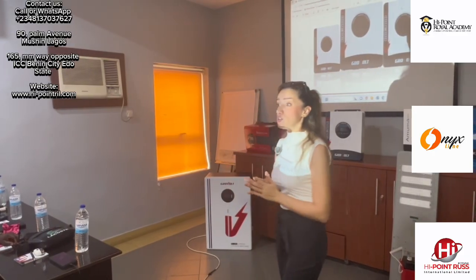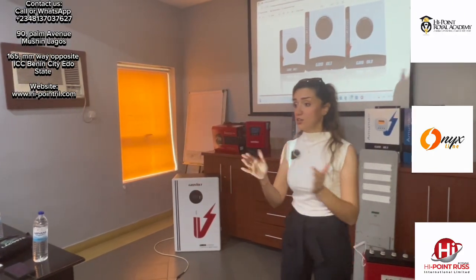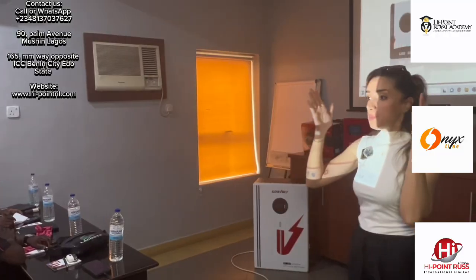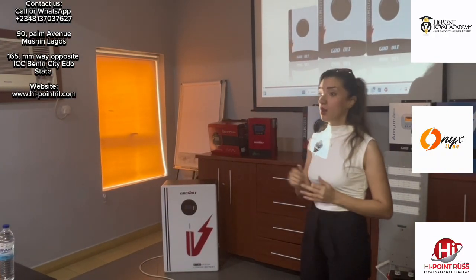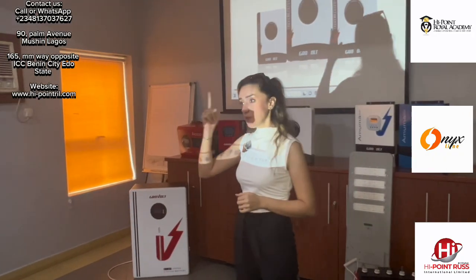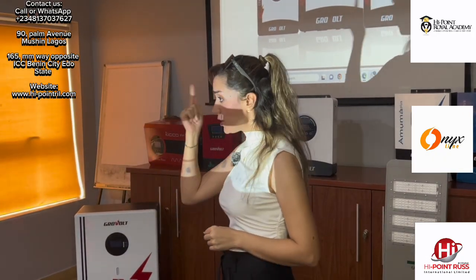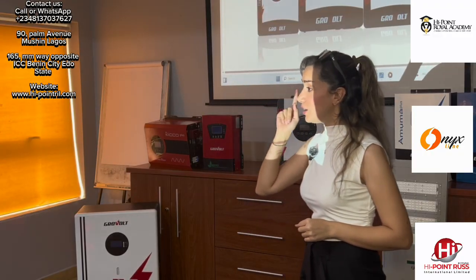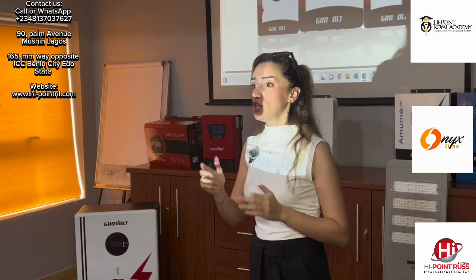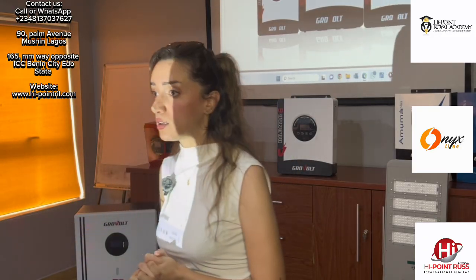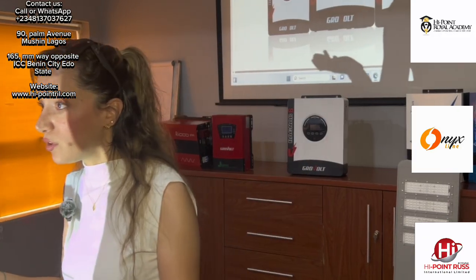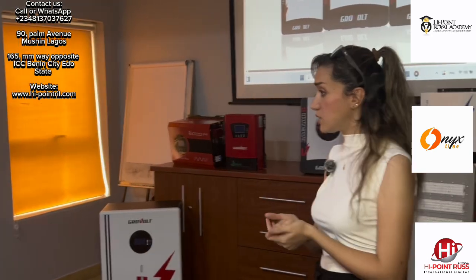So how many panels can I connect in series? The maximum MPPT voltage is 500. Each panel is 550 watt, and the VOC per panel is 45 volt. So how many panels can I connect in series? Up to 12. Right? So I can reach 12 panels in series.